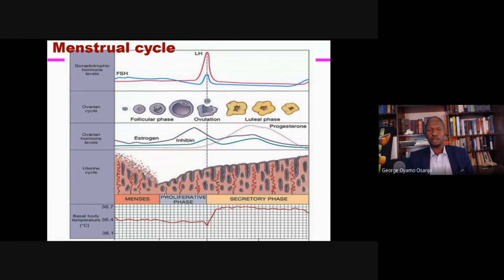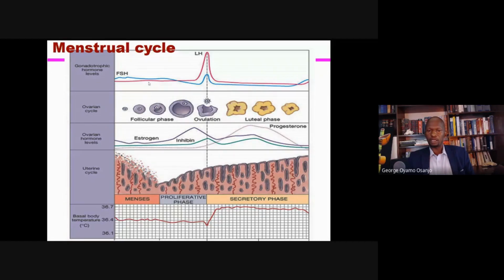The other cycle, as we said, is the ovarian cycle. So you can see here, the ovarian cycle has two phases, the follicular phase, then you have ovulation, and the luteal phase. The follicular phase, just like its name says, is characterized by the development of ovarian follicles. Just like I showed you, in the ovaries, you have primary follicles.